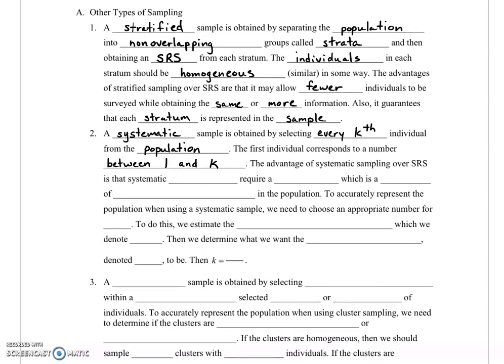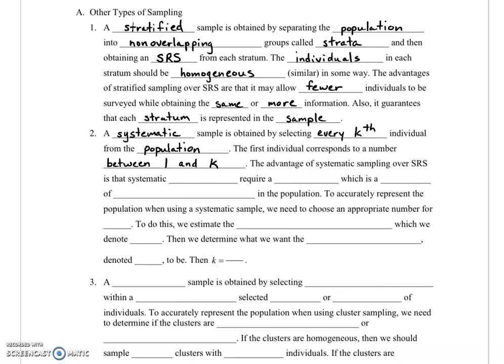So say I'm going to line up the class and I'm going to pick every third person. My k is 3, so my first person that I pick would be some randomly generated number between 1 and 3.